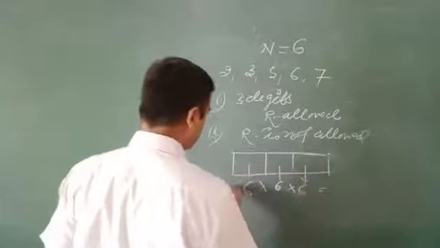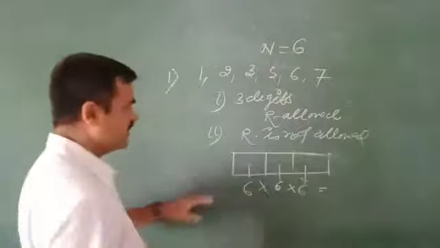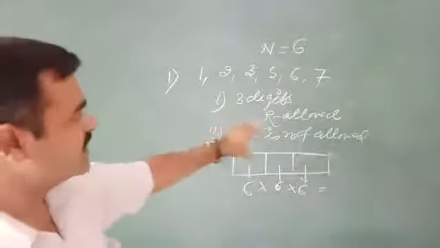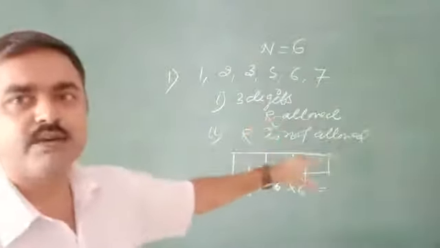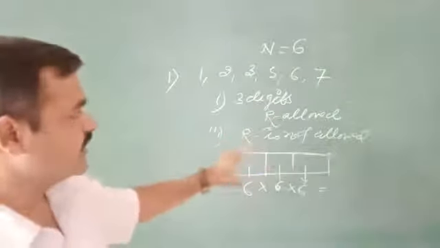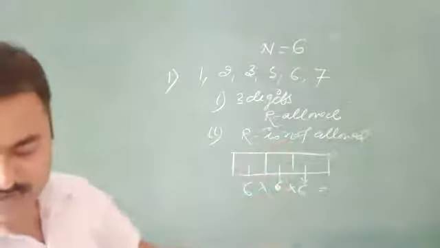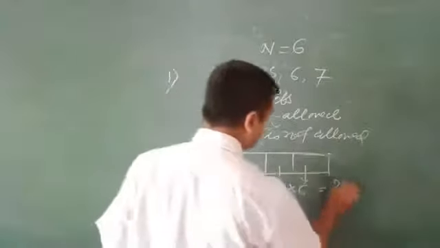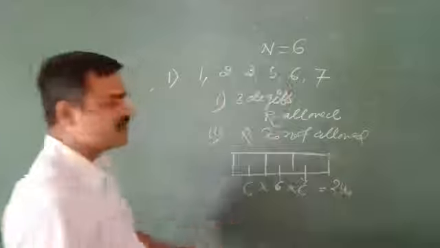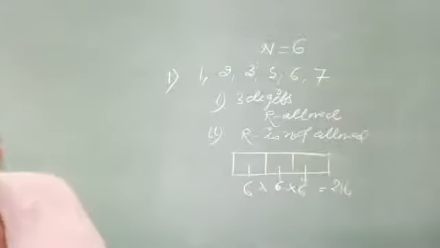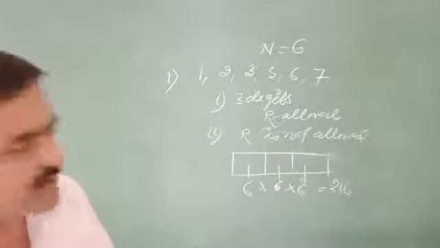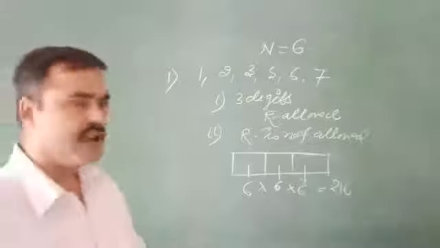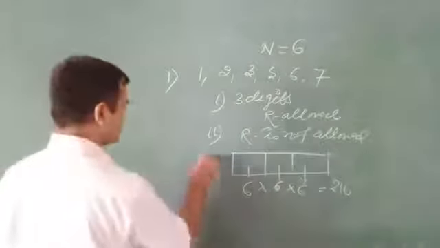So this is the total number of ways the 3-digit numbers can be formed if repetition is allowed: 6 times 6 is 36, and 36 times 6 is 216. This is the answer to the first part.